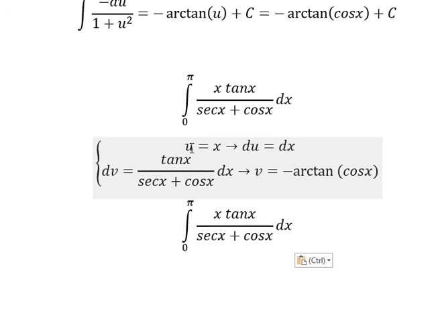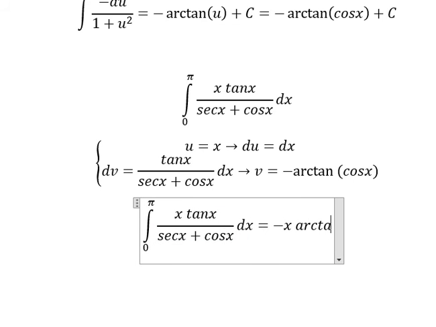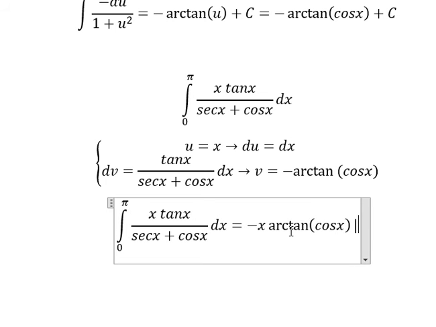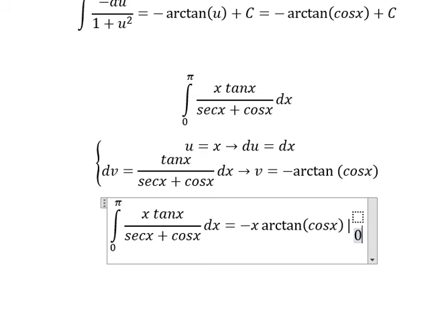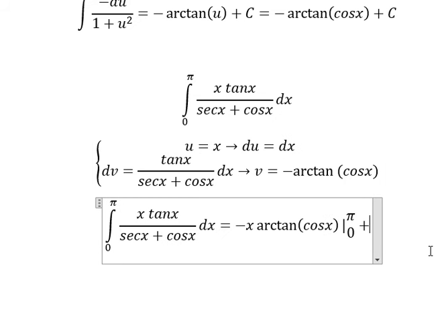So we have u multiplied by v, and we have the bounds from 0 to pi. Because we have the negative sign here, we put positive.